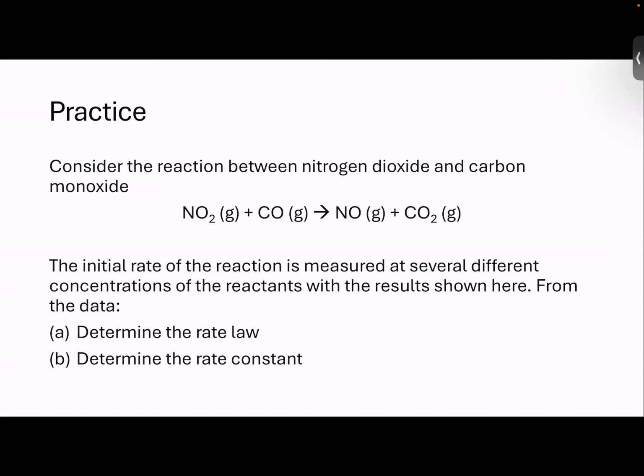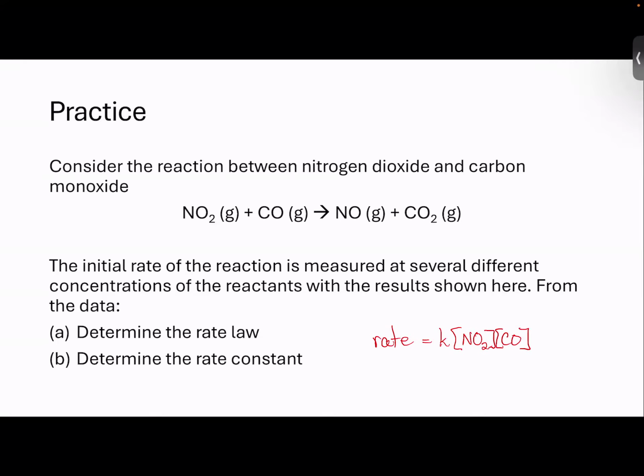First of all, we're again going back to the way I described things. The first thing we're going to do is write a generic reaction rate law. So our rate is going to be equal to our rate constant times the nitrogen dioxide concentration times the carbon monoxide concentration.